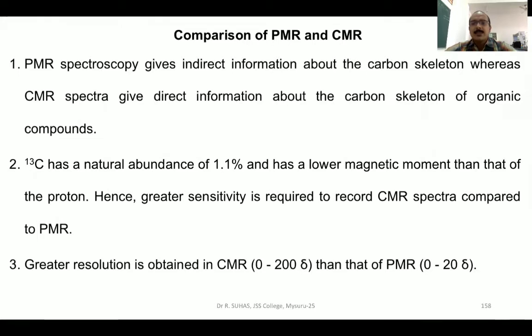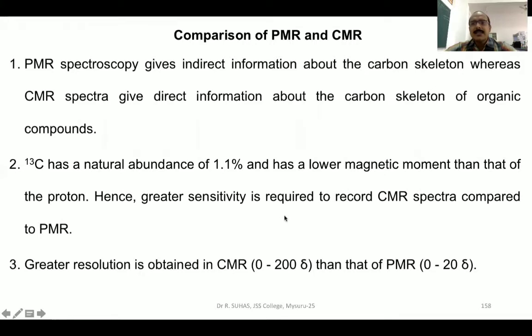If there are 6 peaks, it tells that there are 6 different types of carbons. Whereas in proton NMR, if there are 6 peaks, we can say that there are 6 types of hydrogens, and it is giving indirect information with respect to how many different types of carbons are present in the organic molecule. That is the first difference.